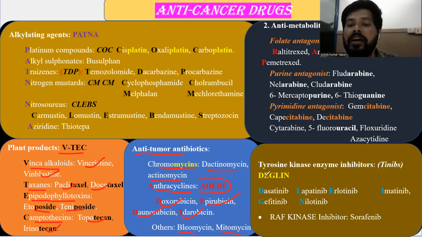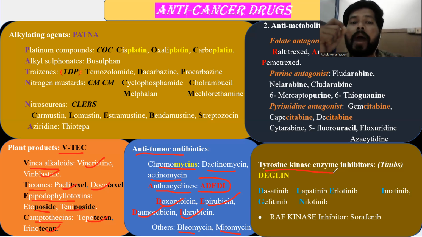And next are the tyrosine kinase enzyme inhibitors. As you know, tyrosine kinase is one of the major enzymes responsible for the expression of cells, in the form of cell division and cell growth. But excess or overexpression of tyrosine kinase enzyme in the cancer cell will multiply the cancer cell growth.